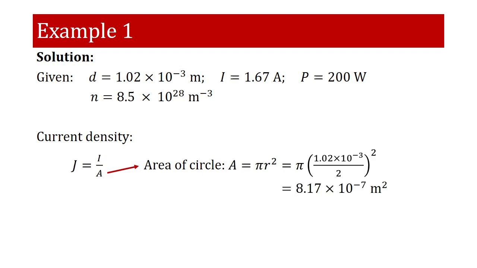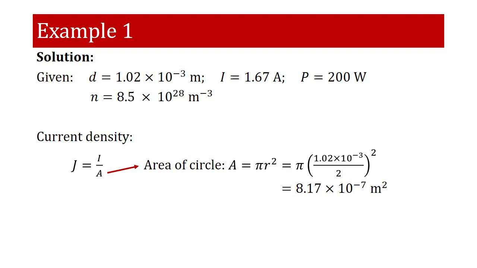The radius is half sa diameter, so pi times 1.02 times 10 to the minus 3 over 2, because radius, not diameter, is squared. You compute and you get 8.17 times 10 to the minus 7 square meters.